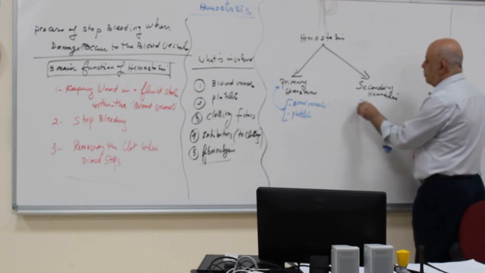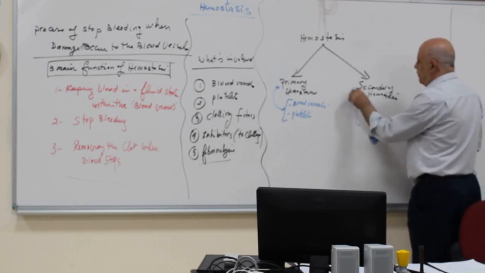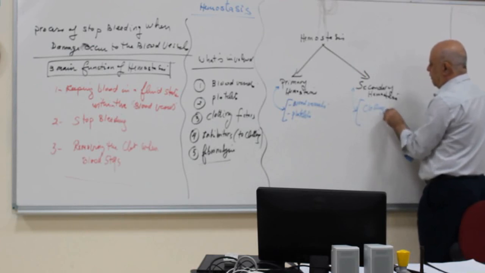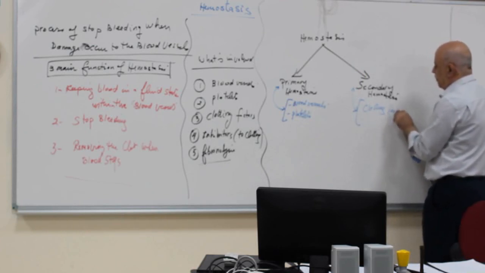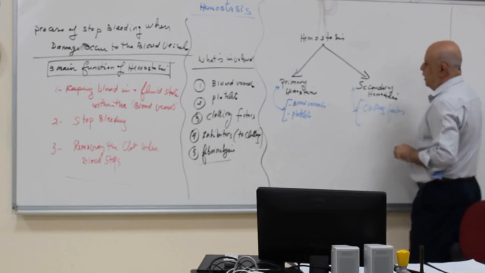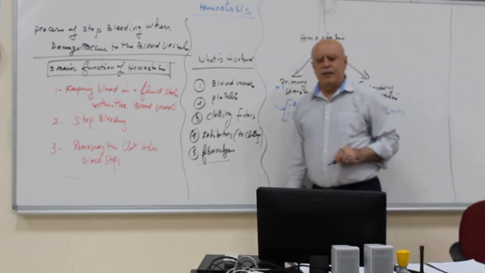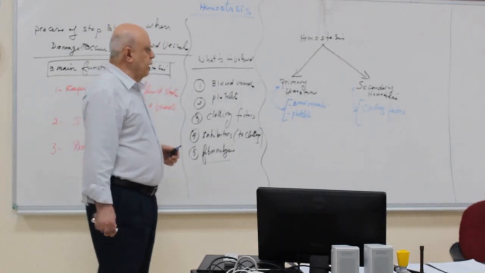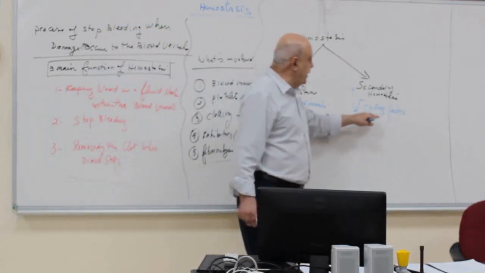The secondary hemostasis involves clotting factors. As we know, we have proteins in the blood called clotting factors.